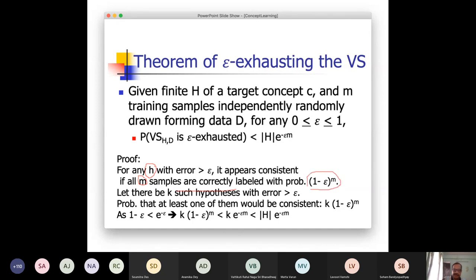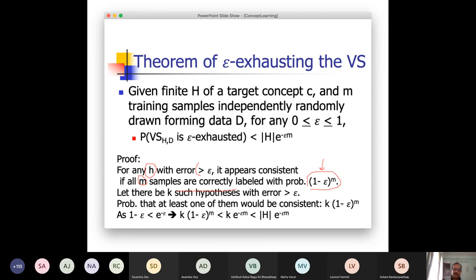This is the maximum probability, since epsilon is the bound on the error. So this is the maximum probability that all samples could be correctly labeled by h, which means this h is consistent with respect to the training sample. The maximum probability that it would be consistent is (1 minus epsilon) to the power m.